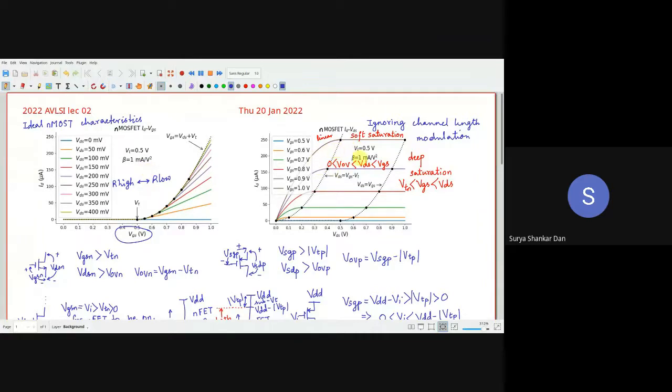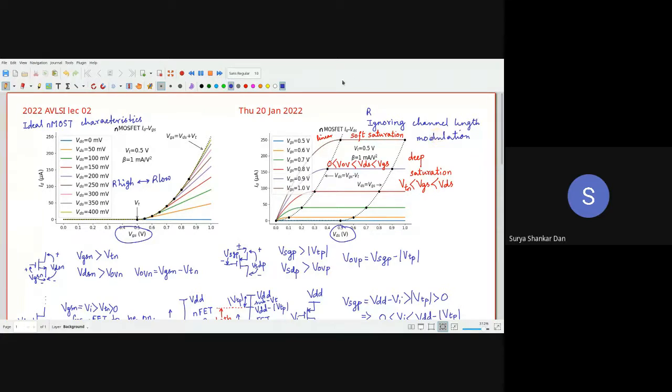Similarly, if you come over here, if you notice, of course, ignoring channel length modulation, here the current is becoming flat. That means even though you are increasing the voltage here, the current is not increasing. So effectively, your resistance in the saturation region as a whole, I will explain this resistance in much more detail when we go with the channel length modulation.